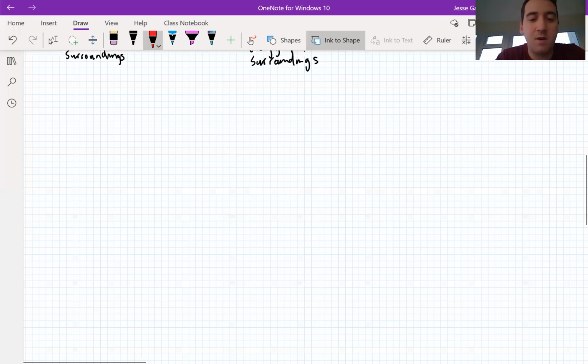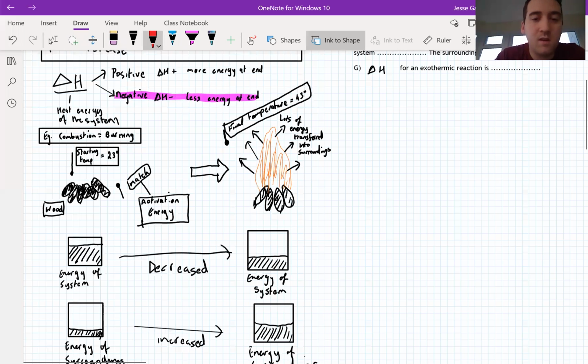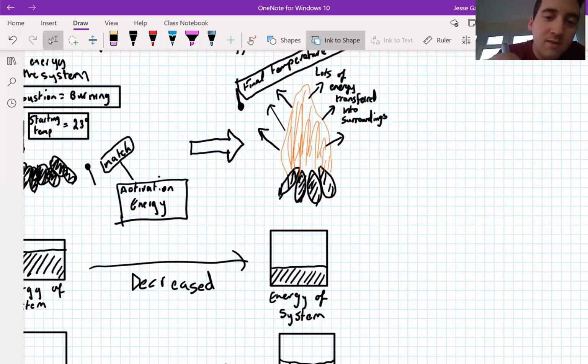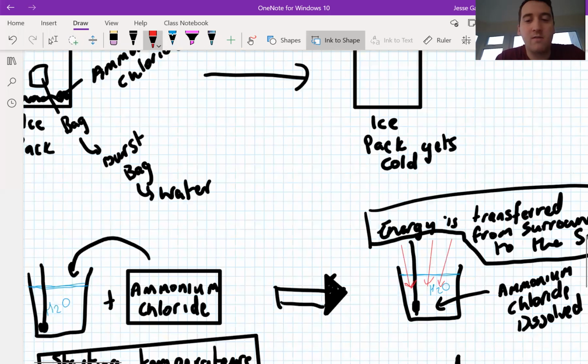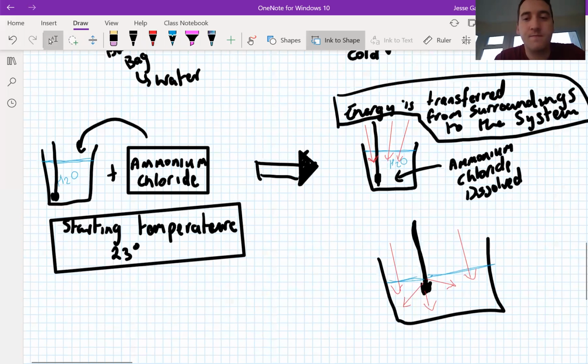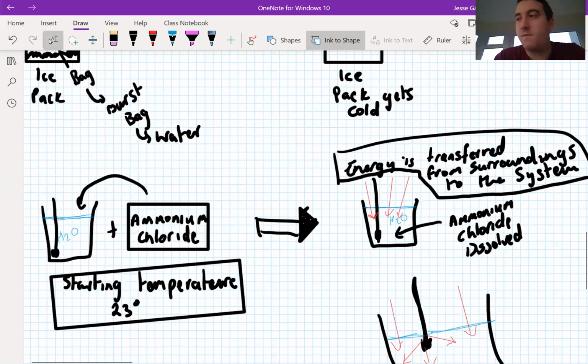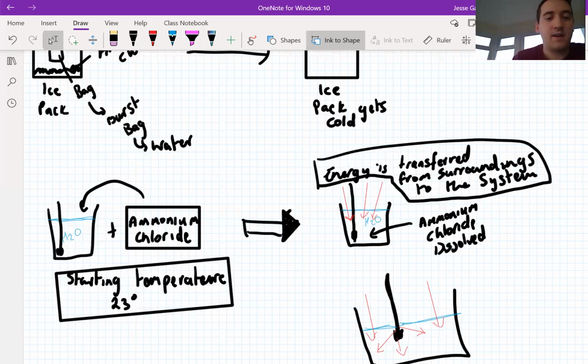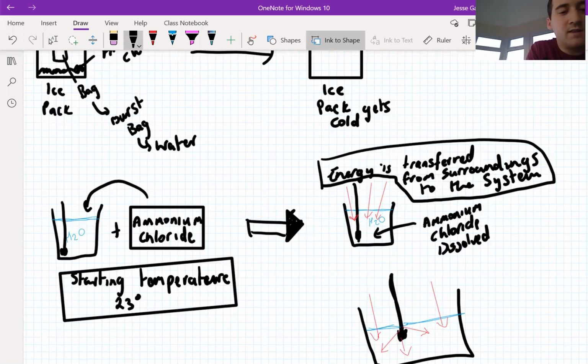In the previous example, maybe I didn't make that clear: the thermometer counts as the surroundings. So energy is moving from the system into the thermometer, and that's what's causing the temperature to go up. Okay, so because the thermometer counts as the surroundings, energy is taken away from the thermometer and it goes down.